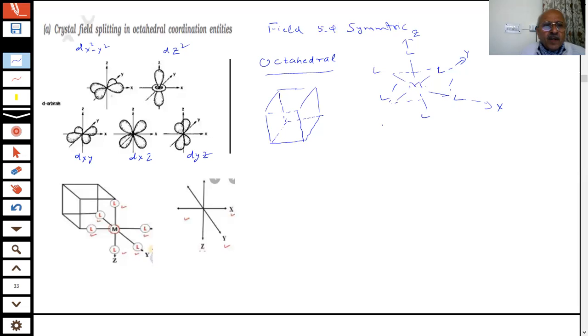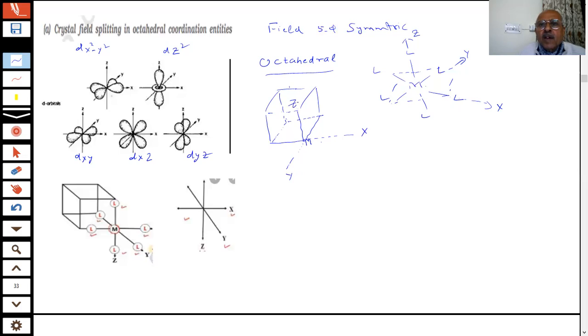If the metal is here, these are the three axes: this is my x, this is my y, this is my z.